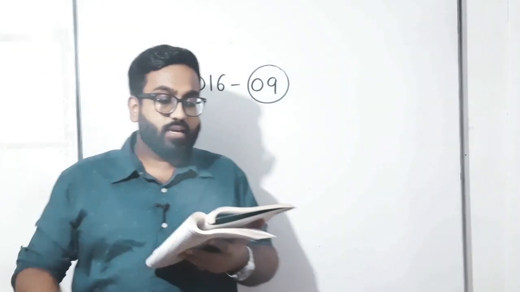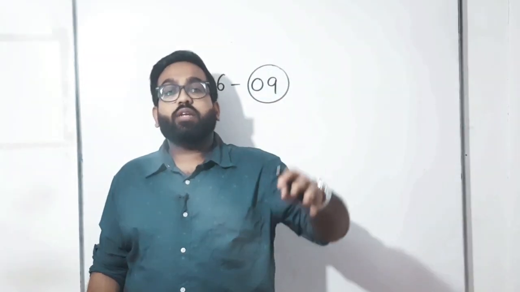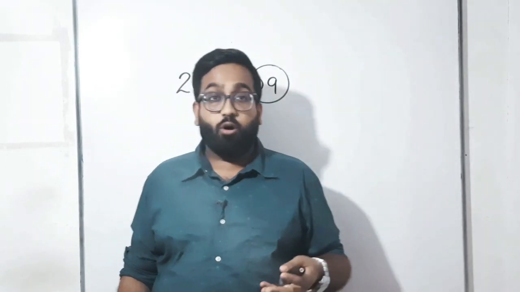Okay, elements in the periodic table. So we know the periodic table. According to the latest periodic table, you know, 120 elements are present, 118, 120, likewise those elements are present. So you should be aware of at least how many elements are in your O-level syllabus.